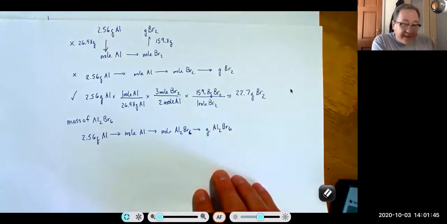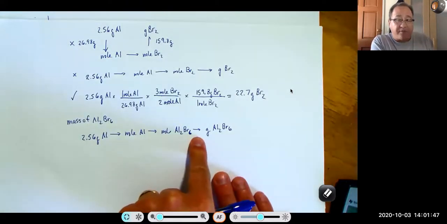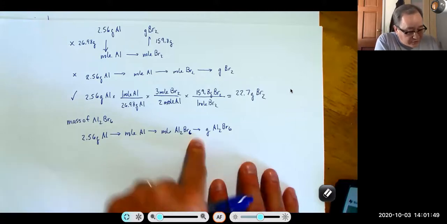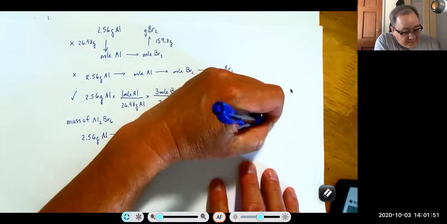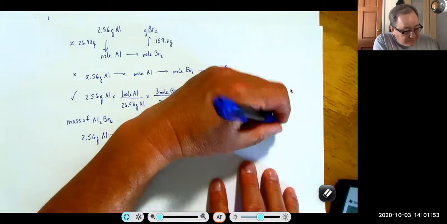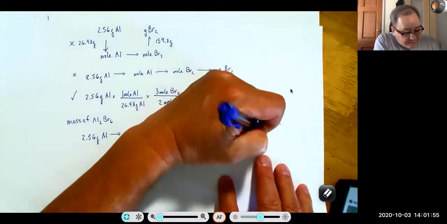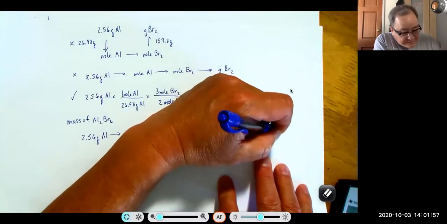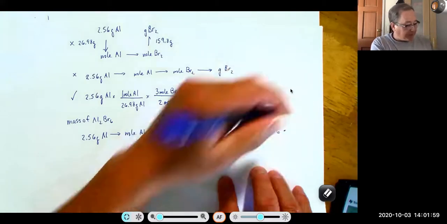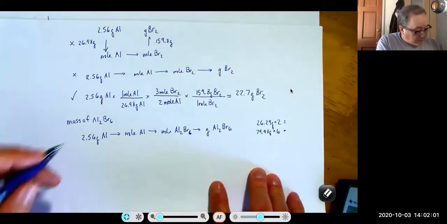Now, what we're going to need here is the molar mass of aluminum bromide, which is 26.98 grams times 2 plus 79.90 grams times 6, which is a big number. So this is one way to do it.